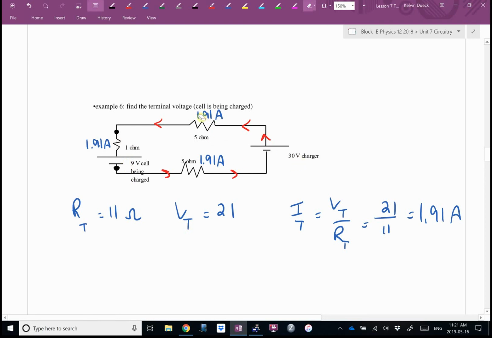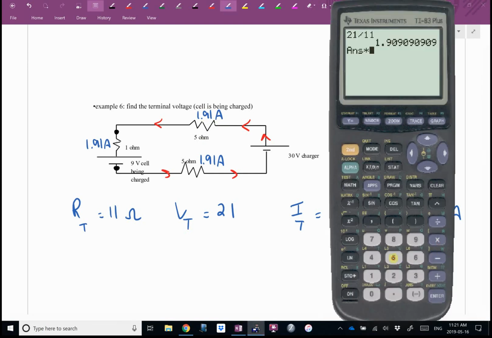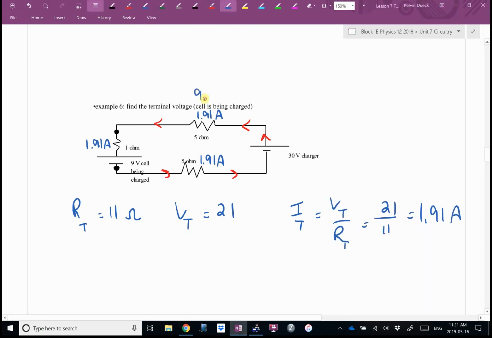Up here, how many volts do I lose going through this 5 ohm resistor? 9.5454545454. Yes? How many volts do I lose going through this 5 ohm resistor also? 9.545455. I wrote amps again. Volts. 9.545454 volts.